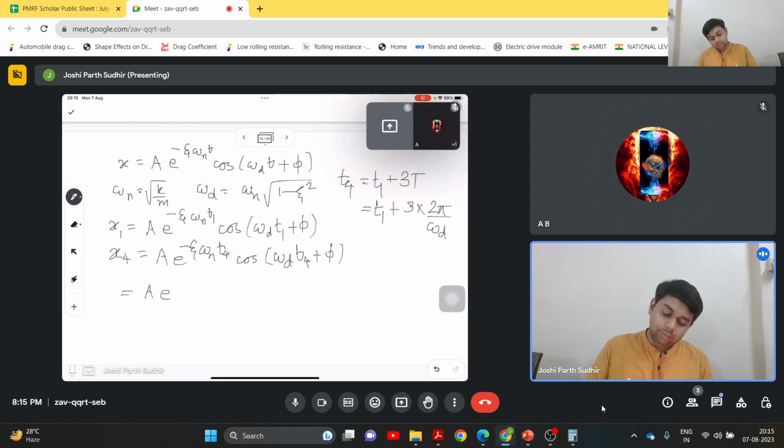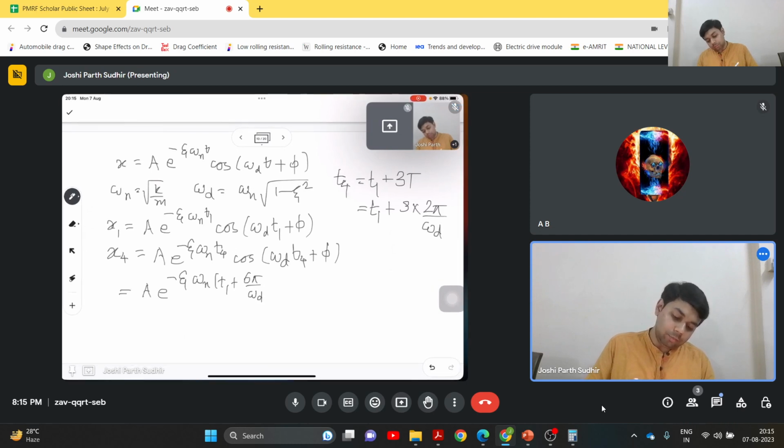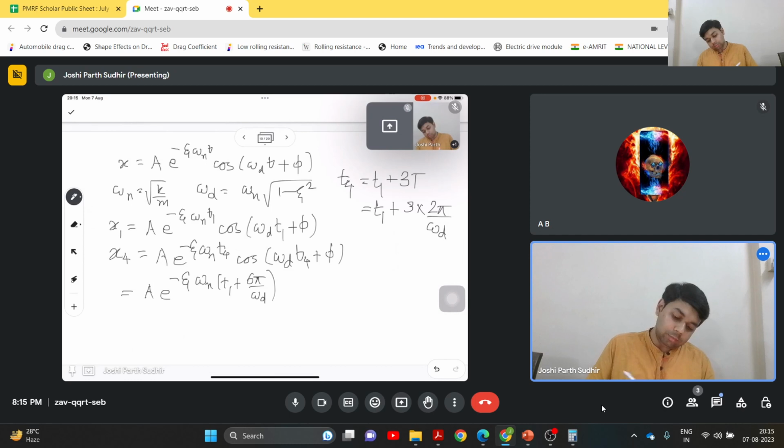So then we can write it as e raised to minus zeta omega n into t1 plus 6 pi upon omega d, into cos of omega d into t1 plus 6 pi upon omega d, plus phi.